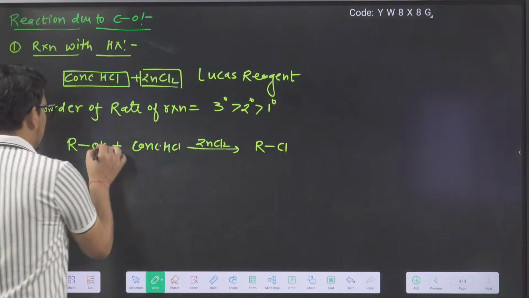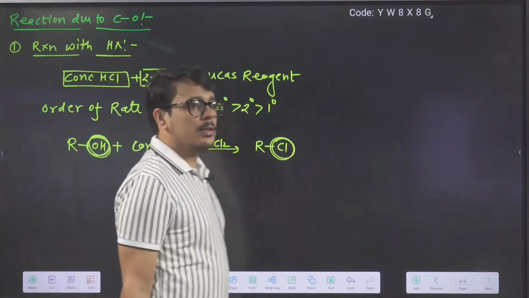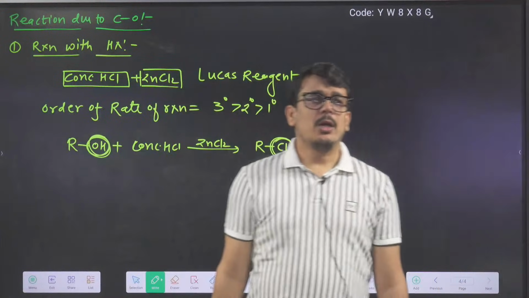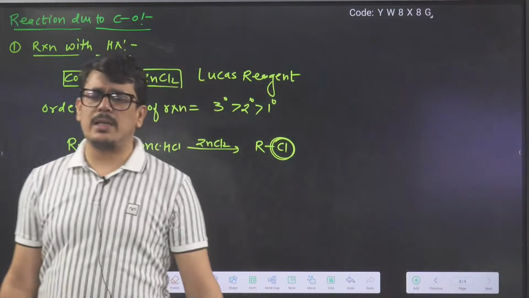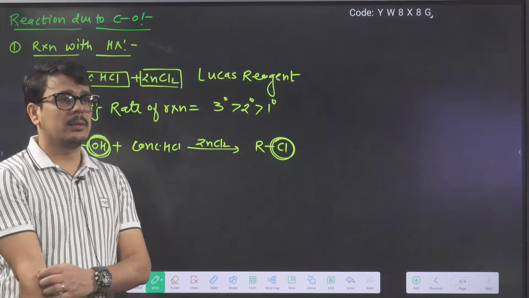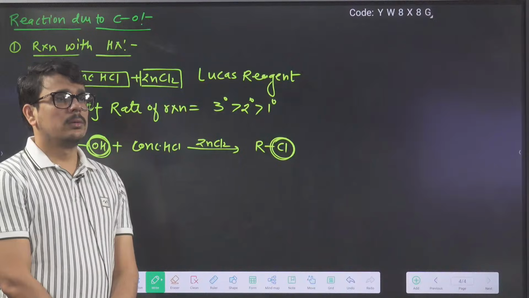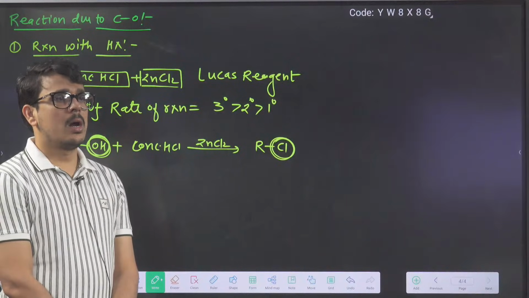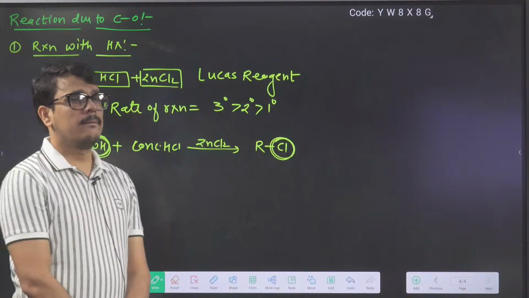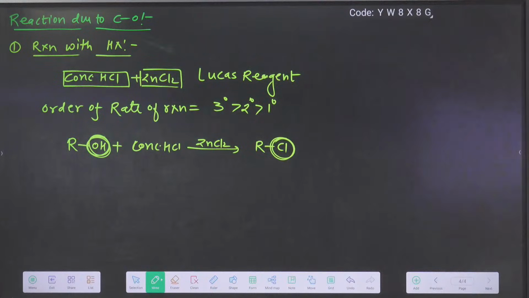So here OH is substituted by Cl. If OH is substituted by Cl, then this may be either SN1 or SN2.